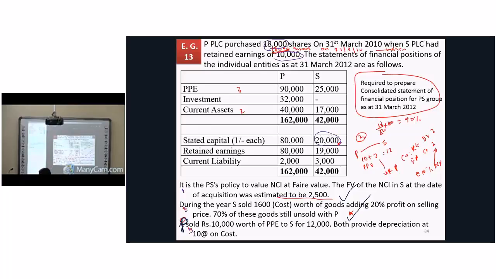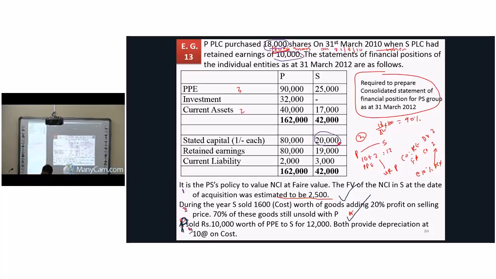Parent sold 10,000 worth of property, plant and equipment to subsidiary for 12,000. It means parent has added a profit of how much? 2,000. Both the companies provide depreciation at 10% on cost.